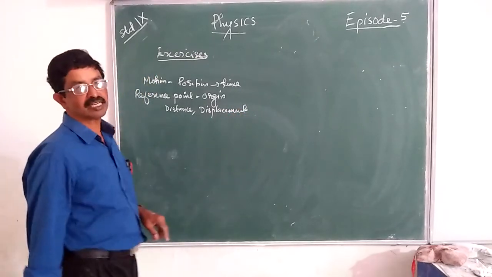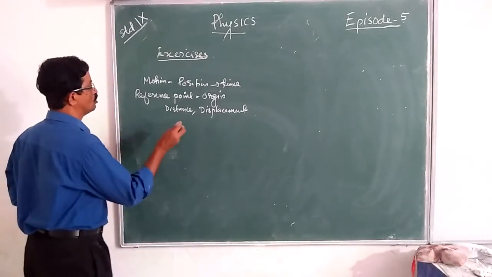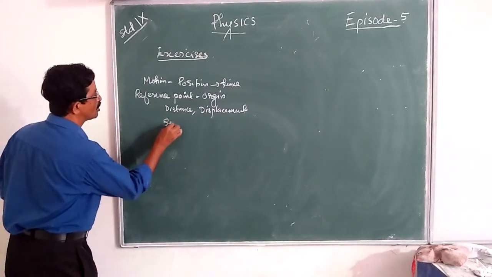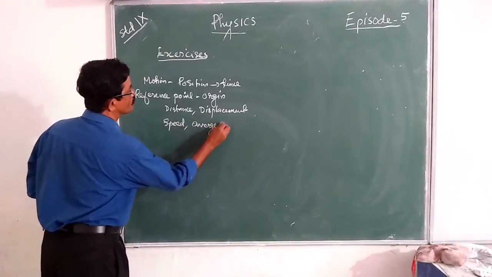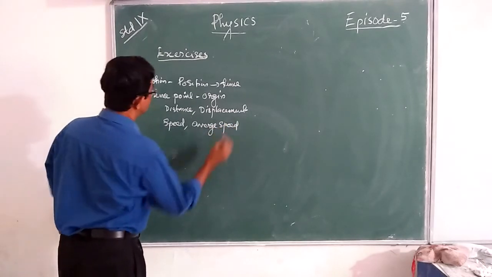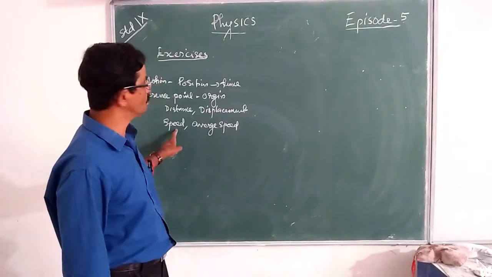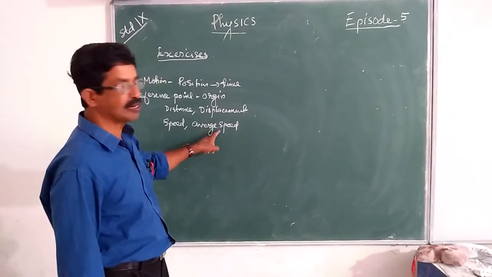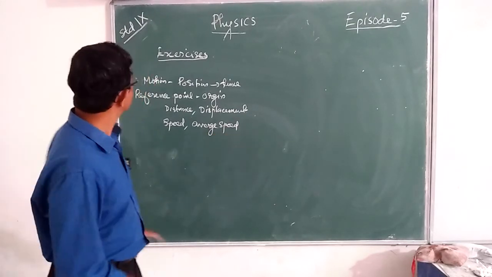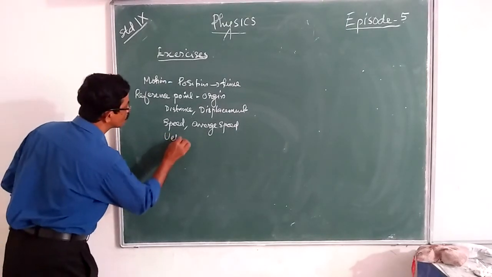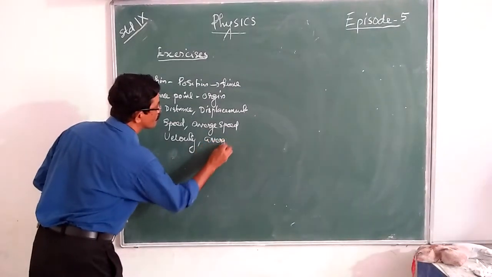Another point we discussed is speed and average speed. Speed is the distance traveled in unit time. Average speed is total distance by total time. Then velocity and average velocity.